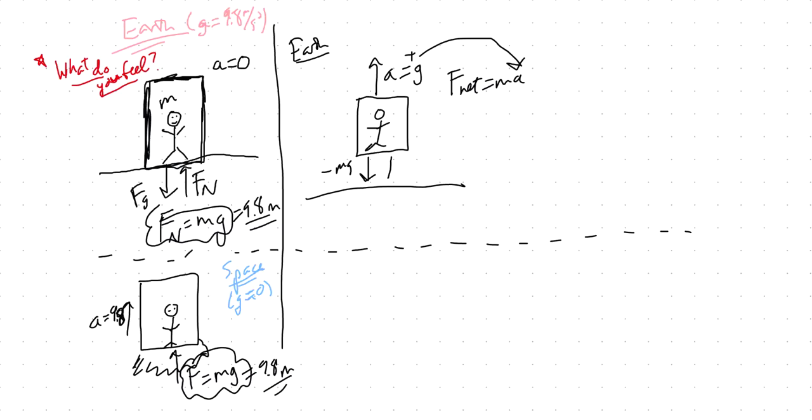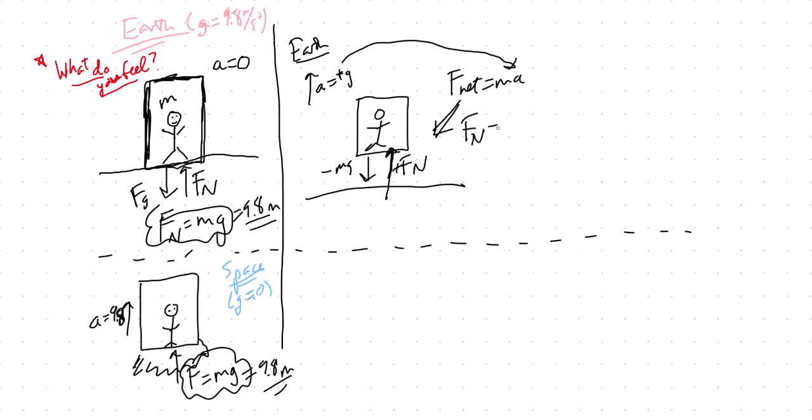And normal force, which we now realize has to be bigger to produce this acceleration. Now, technically, we shouldn't draw this in our force diagram, because that is information, not a force. So information can go over here. Acceleration is positive g, and yes, that does get plugged in there. So F net comes from the diagram, up minus down. Normal force minus mg equals mg. So the normal force is positive 2mg. Great.